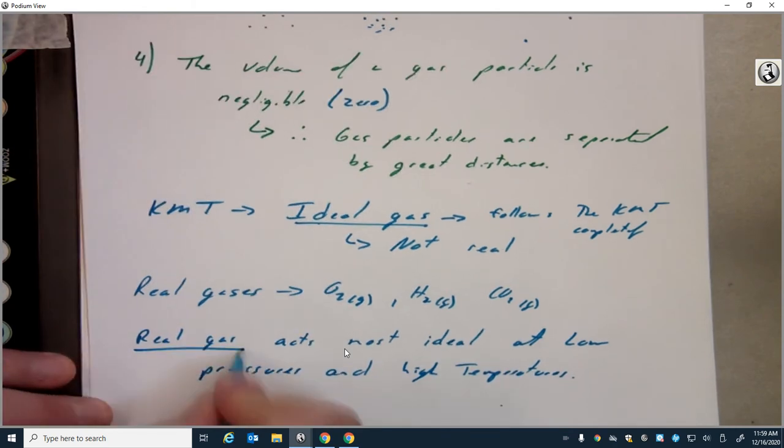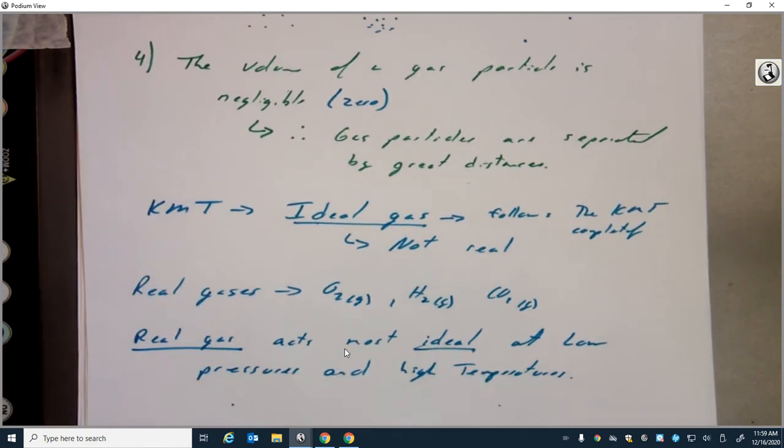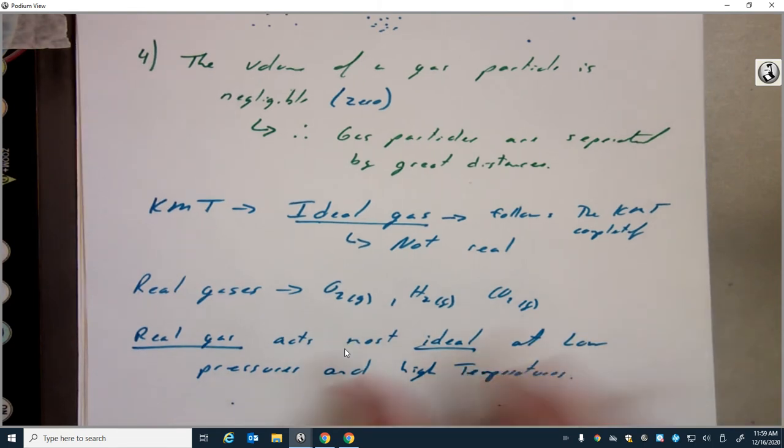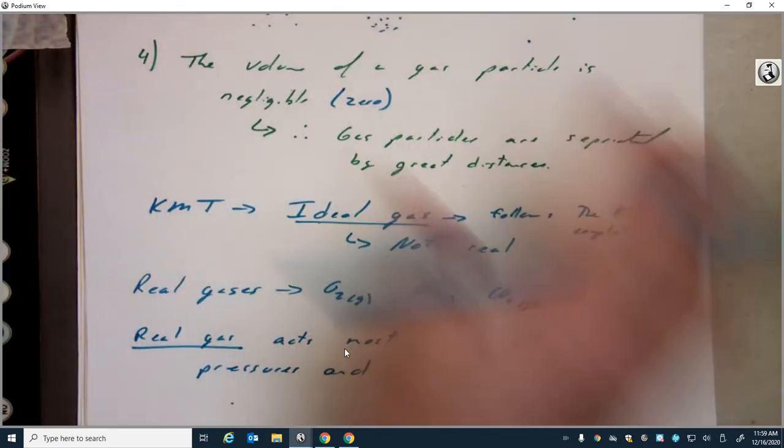So real gases act most ideal at low pressures, high temperatures. The question is why? Well, in those conditions, it helps us with some of the problems of the KMT.